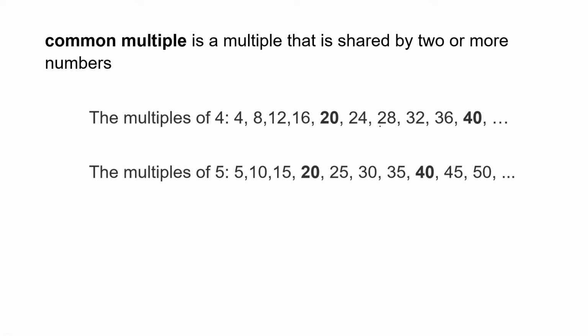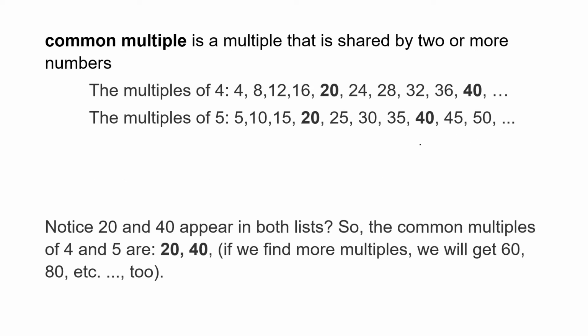So here, 20 is a multiple of 4 and 5. 40 is also a multiple of 4 and 5. If you extend this, you'll get 60 and 60 here, and 80 and 80, and so forth.